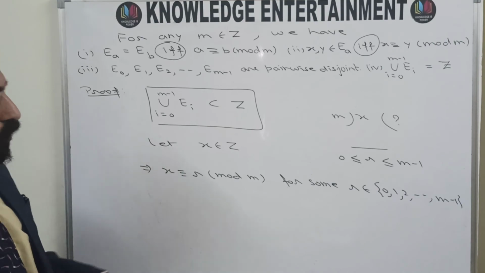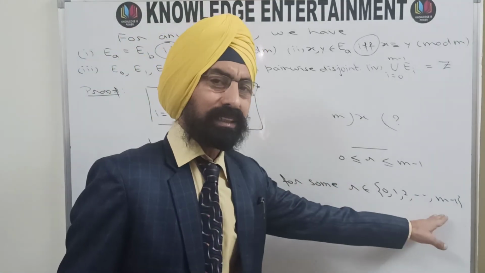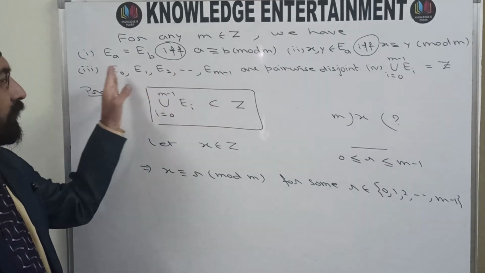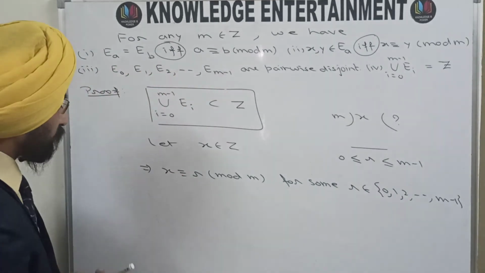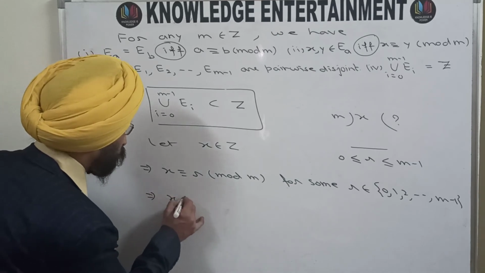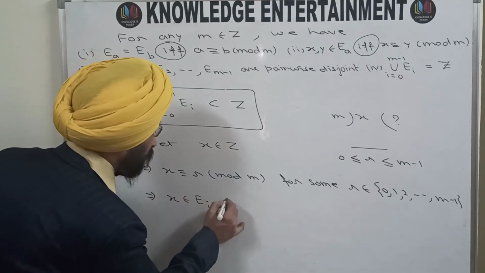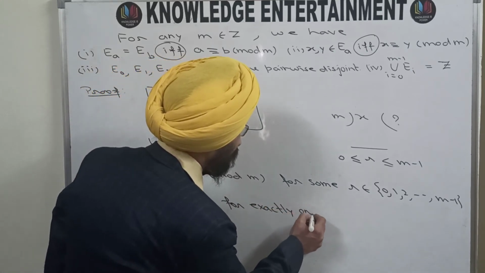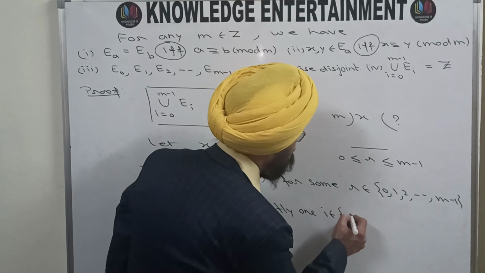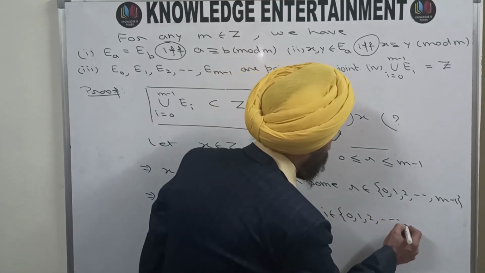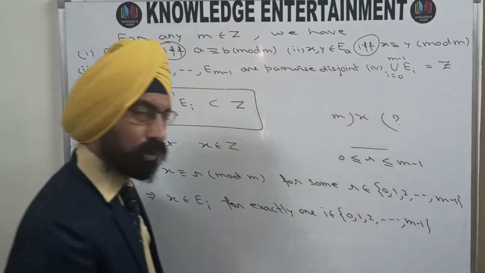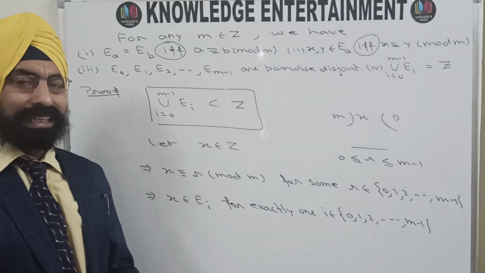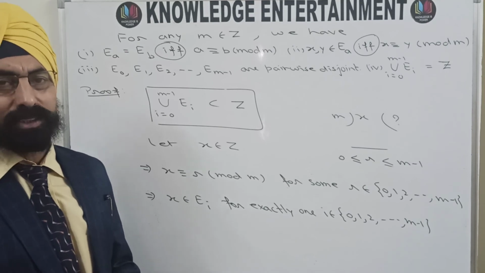So whatever the value of r is, your x is in some of these residue classes. So this means x belongs to Ei for exactly one i belonging to 0, 1, 2 up to m minus 1. So x is in E0 or in E1 or in E2 and so on, or in Em minus 1.